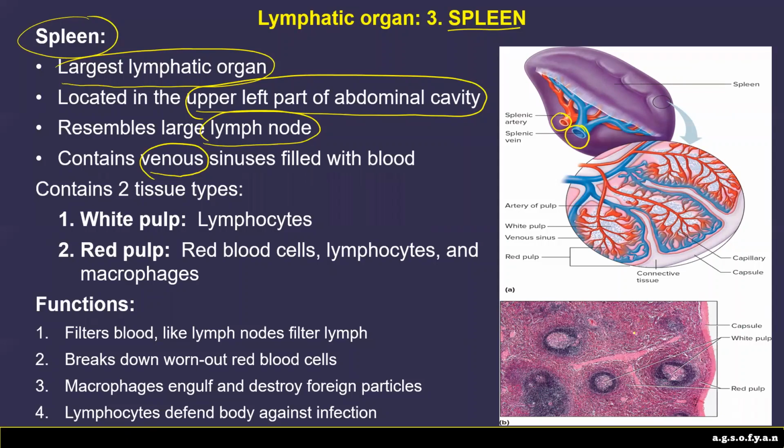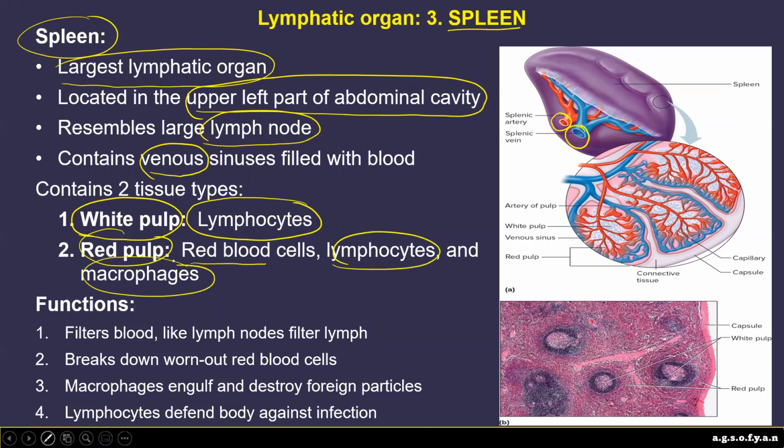Inside this spleen, it consists of 2 areas. The white pulp mostly consists of many lymphocytes, and the red pulp has red blood cells, lymphocytes, and also macrophages. This has a function for protection against disease.